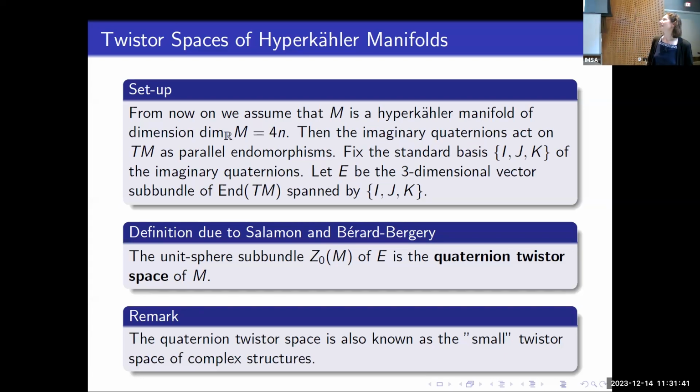And it's actually a subbundle of the big twistor space, which we defined earlier. And not only this, but this twistor space consists of complex structures. You don't take the space of all almost complex structures. You just take complex structures compatible with a given metric and orientation.